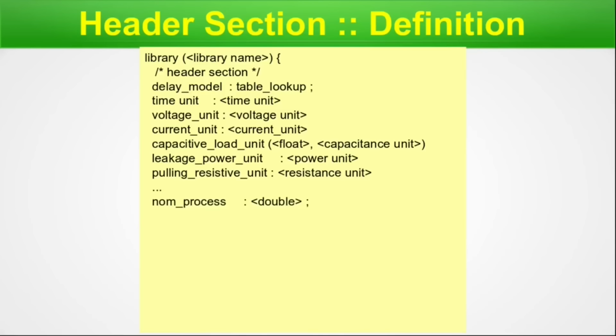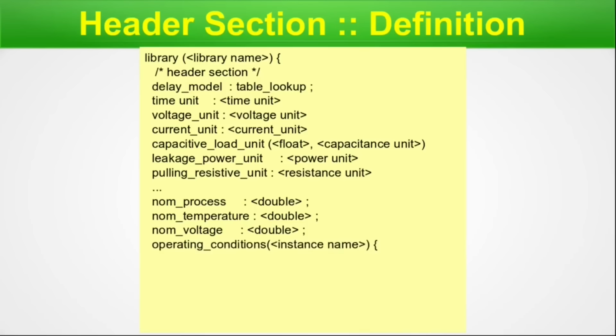Then there will be norm process. There will be some double here, you can say the double real int, that double we are mentioning. Norm temperature double, norm voltage double. Operating condition: in the angle bracket there will be the actual instance name. Process double, temperature double, voltage double.